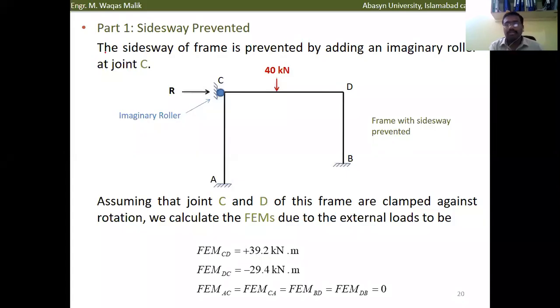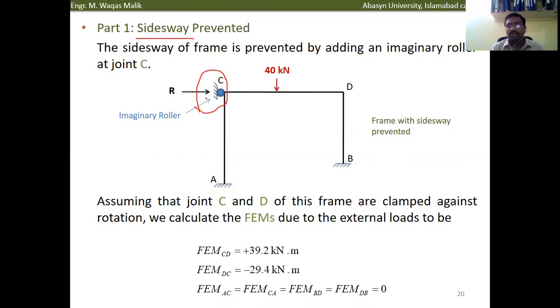After the calculation of the distribution factors, we are going to solve the frame in two parts, as I already mentioned. In the first part, we are going to prevent the side sway by providing an imaginary roller support at either end of the frame.